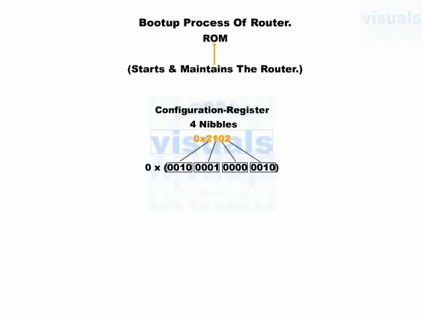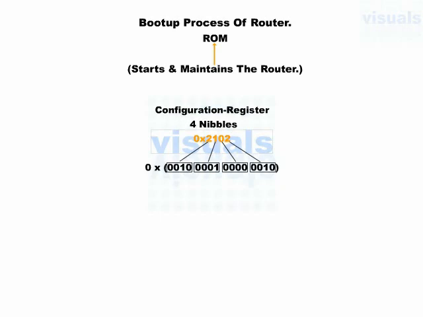Here you can see it consists of 4 nibbles. Each digit here is represented by 4 bits. So this is the default setting, 0x2102. The default configuration register is 0x2102, which means locate the startup config in NVRAM.